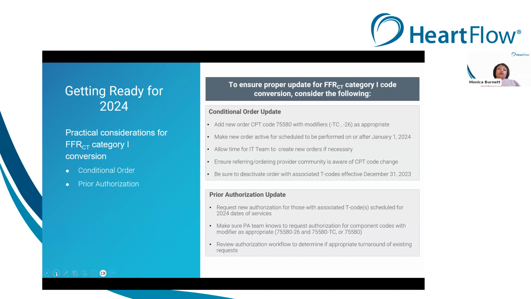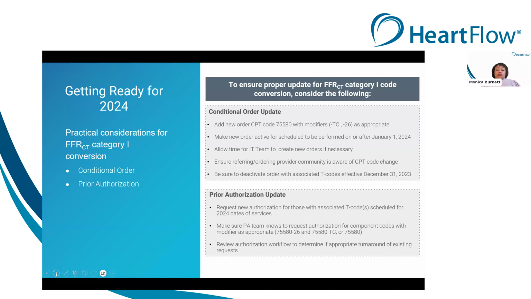With the T codes being deactivated or retired, you want to make sure 75580, with any applicable modifiers based on site of service or what component your providers are going to be billing for, has been configured to send those proper charge messages down to the downstream systems. And your order should be active. We're already past that date, but make sure your order is active for January 1. When you have any of this going on, your IT team should be given appropriate lead time to update those configured systems and any interfacing messages that need to be updated as well.